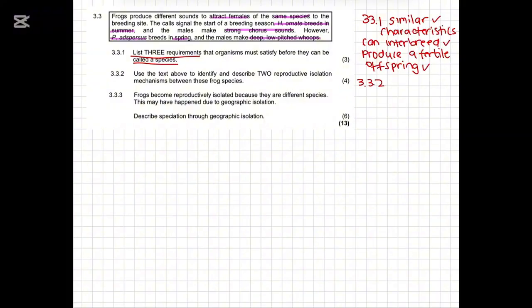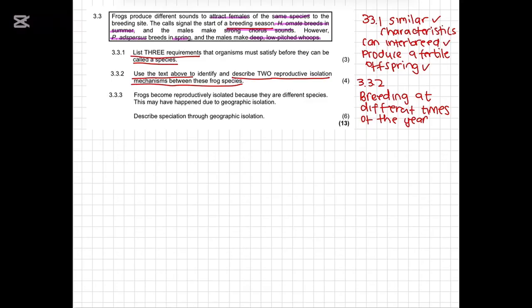Next question: use the text above to identify and describe 2 reproductive isolation mechanisms between these frogs. We must first identify the reproductive isolation mechanism. We looked at the breeding season in the extract, so we must mention breeding at different times of the year, and then describe it: H. ornate breeds in summer, and the other one breeds in spring.